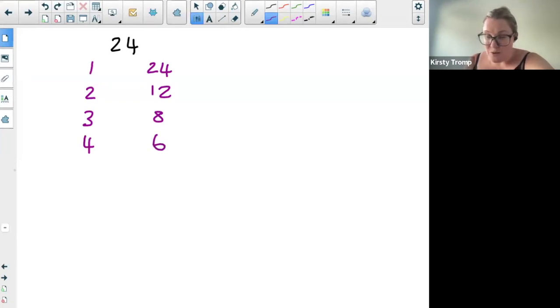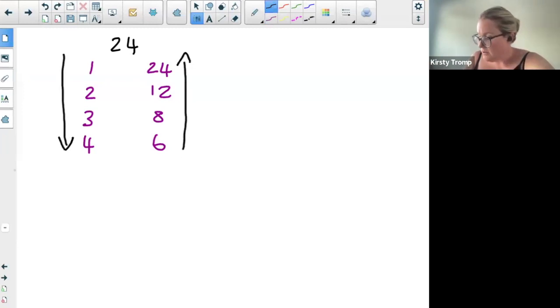5. Can 24 be divided by 5? No, it can't. You get a remainder. And what do we see? Are we back to the number 6? Yes. So then we stop. We go down this way, and we go up this way.